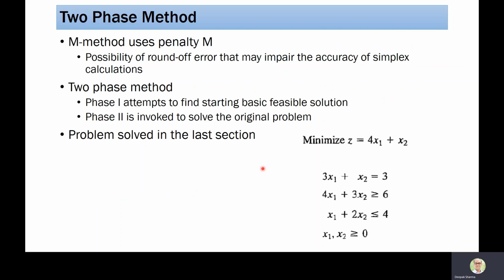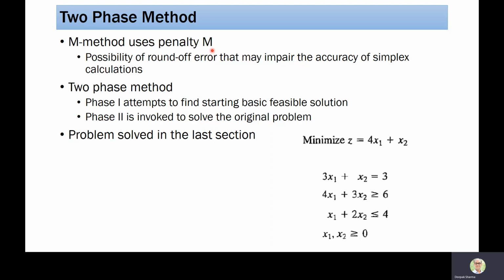Now let us discuss the two-phase method. In the M method, we have to use the M penalty. In the previous case, we took M as 100. The problem is that some objective functions are complex and written in terms of a large number of variables. If we take a smaller value of M, then the M method is not going to give us a good result.